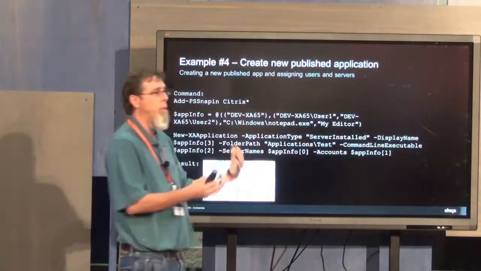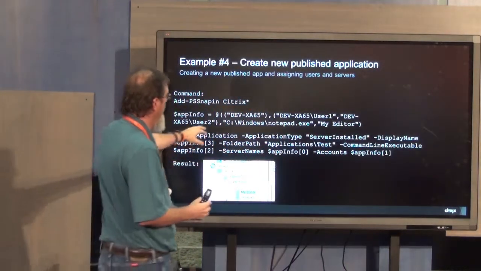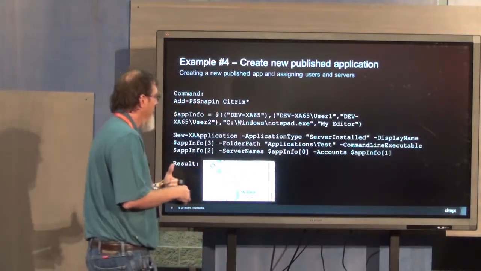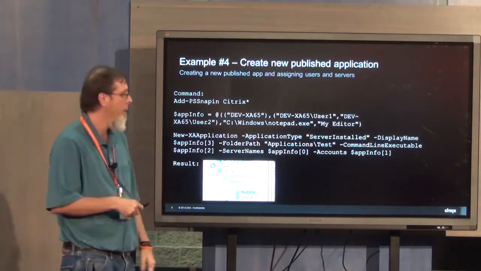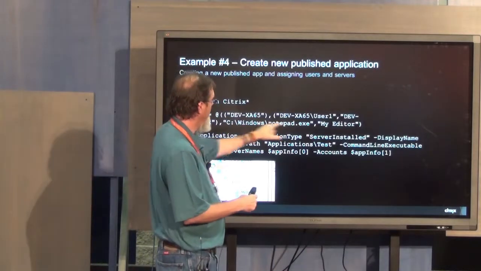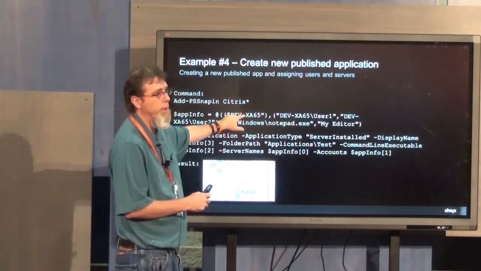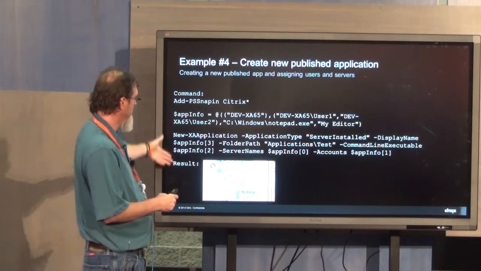So it's an easy way to build a script where you can just modify these values and then automatically run this command line, right? So in this script, all you would have to modify is what the published app is, what you want to call it, who your users are, and then the server that you want to publish it to. And then this stuff just works.